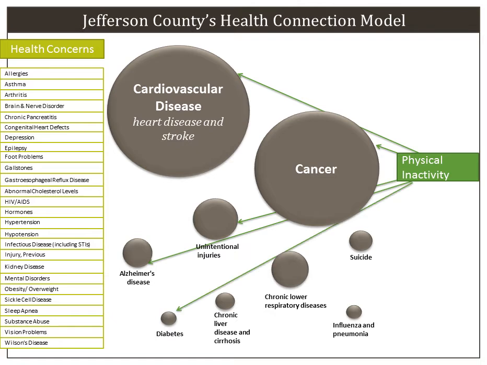As you can see, physical inactivity is a risk factor to most of the top 10 causes of death. Now you will see gray lines. These show the connection between physical inactivity and the top 10 causes of death.